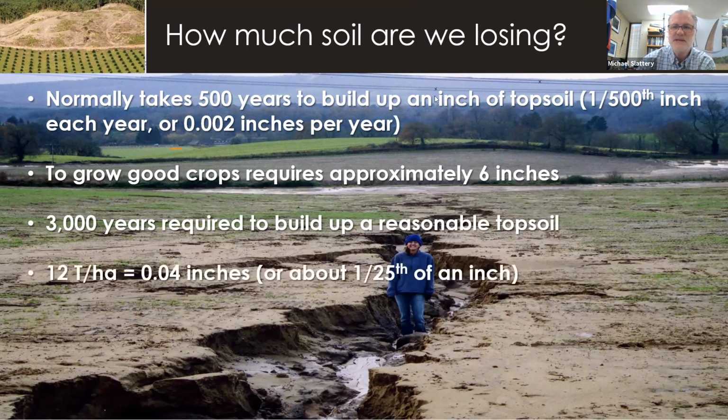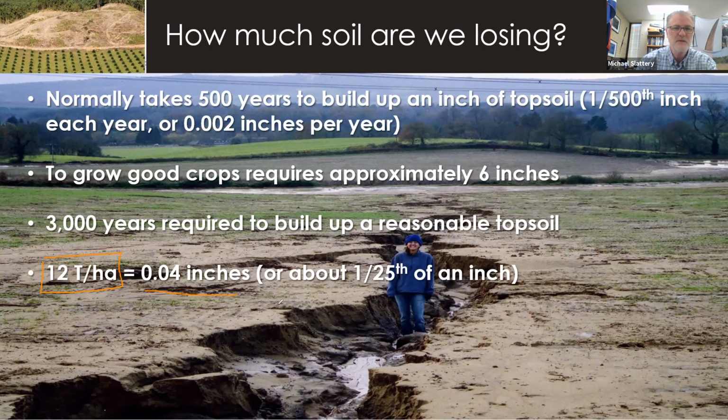Here's the key. If the current rates of soil loss in the US are 12 tons per hectare per year, remember I said on that previous diagram that 12 tons per hectare per year equates to 0.04 inches of soil being lost every year.